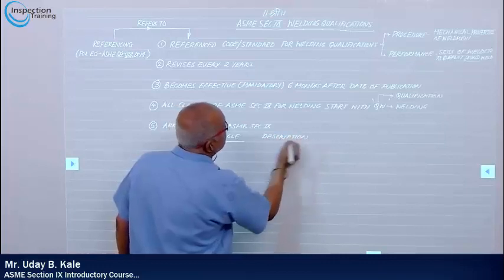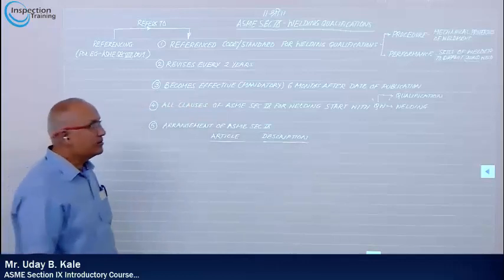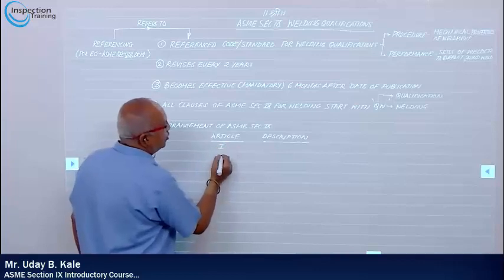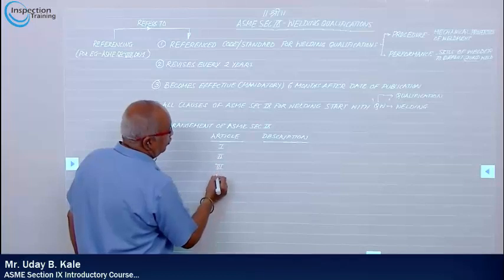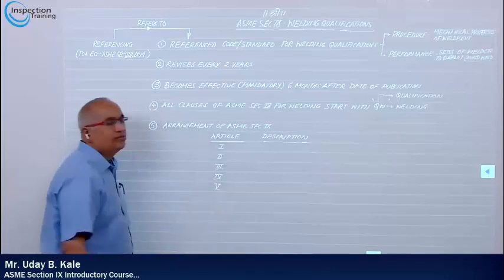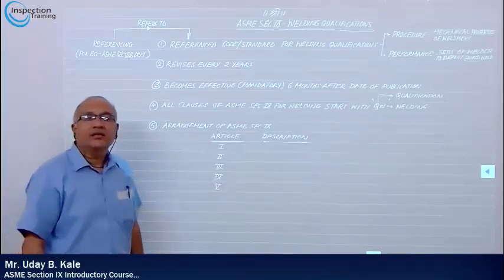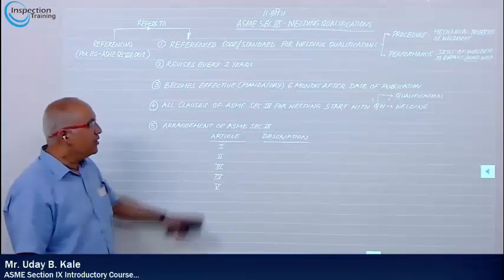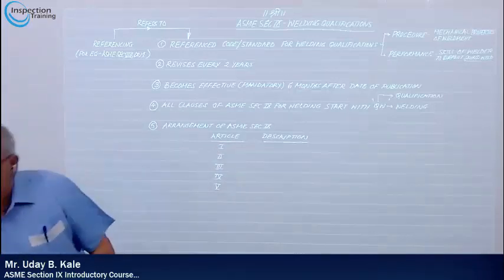All these articles are numbered in Roman numbers: Article 1, Article 2, Article 3, Article 4, Article 5. So you have such 5 articles in welding qualifications. The very first article, Article 1, tells you about the general requirement.